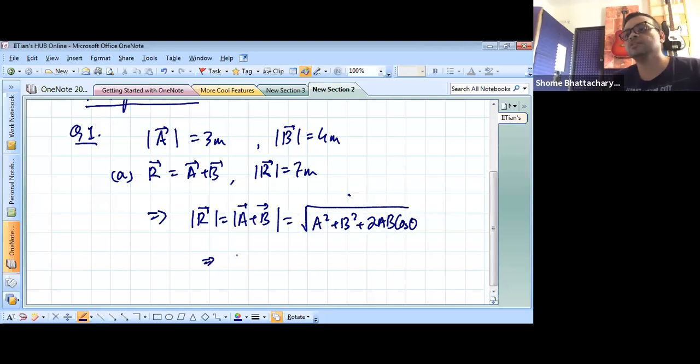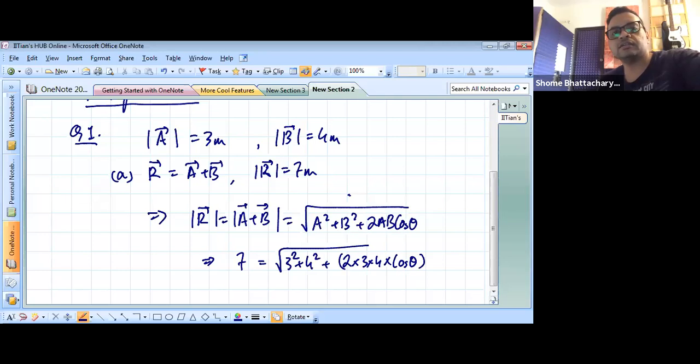The magnitude of the resultant is 7, so on the other side we have 3 square plus 4 square plus 2 into 3 into 4 into cos theta. If you solve this, you will get cos theta as 1, or basically they are parallel, or theta is equal to 0.